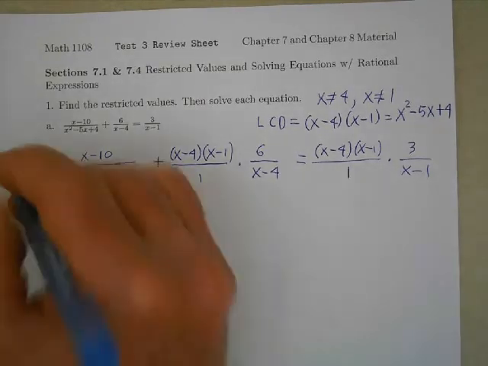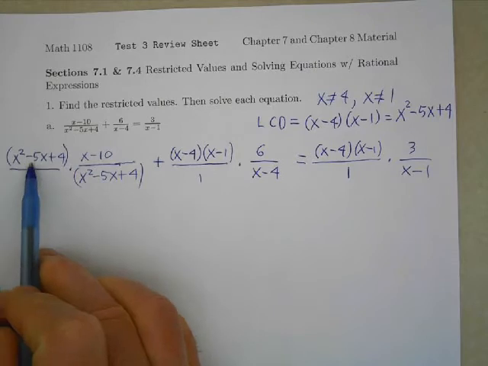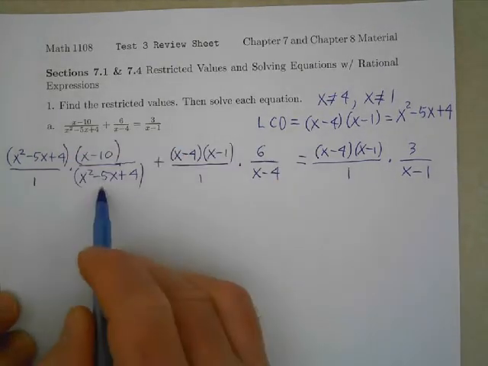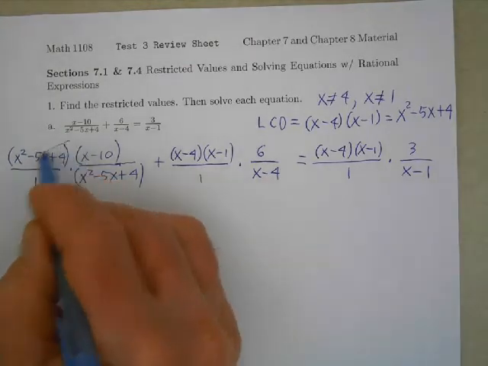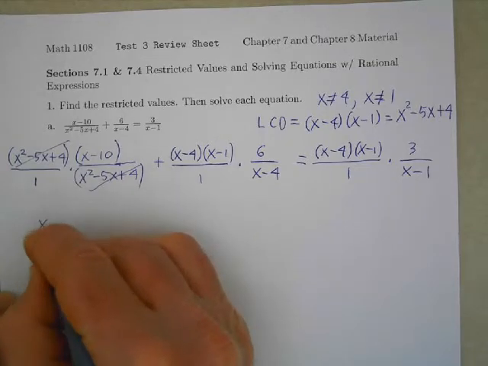In this first product, this numerator, x squared minus 5x plus 4, divided by x squared minus 5x plus 4, that equals 1. So for this term, we're just left with x minus 10.